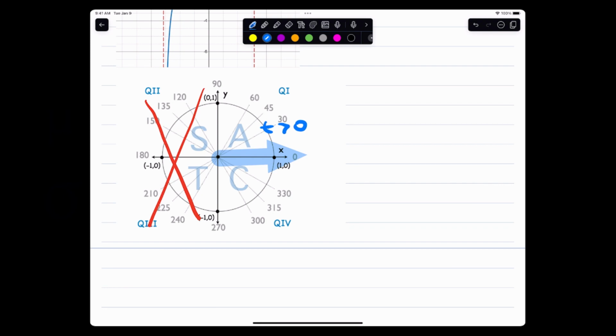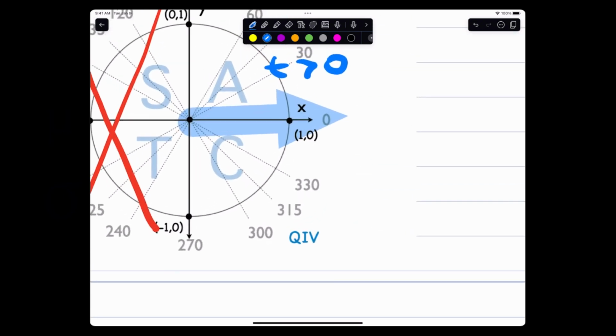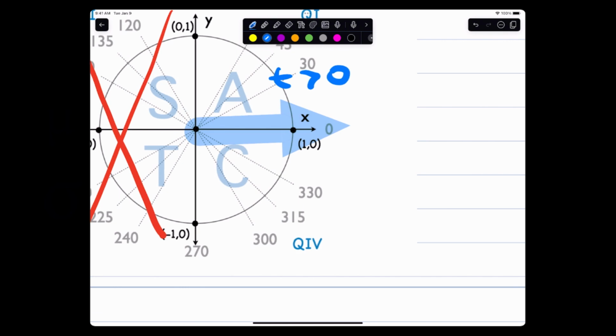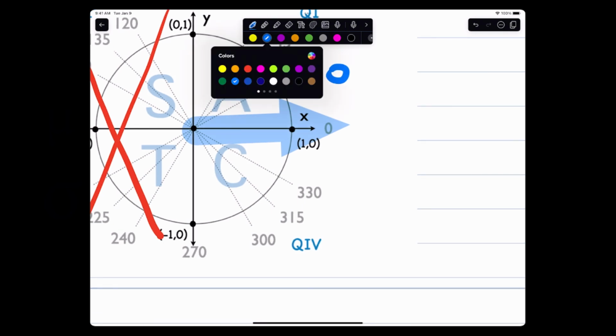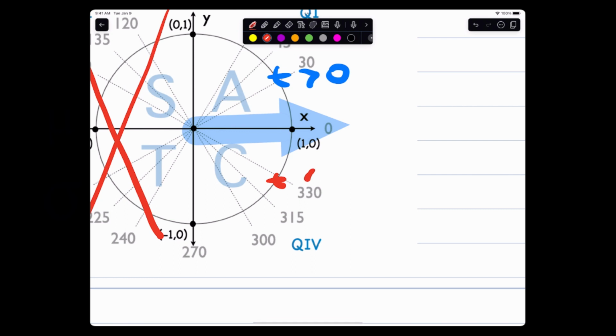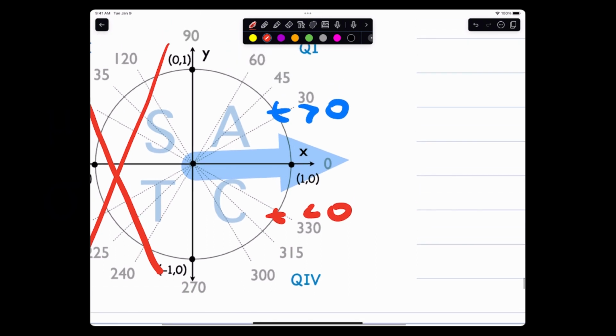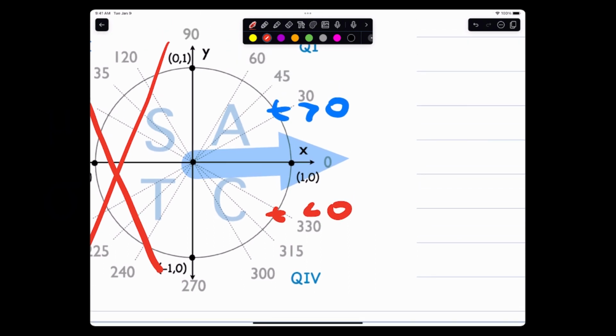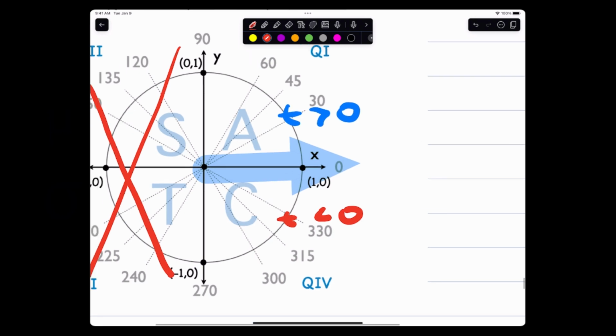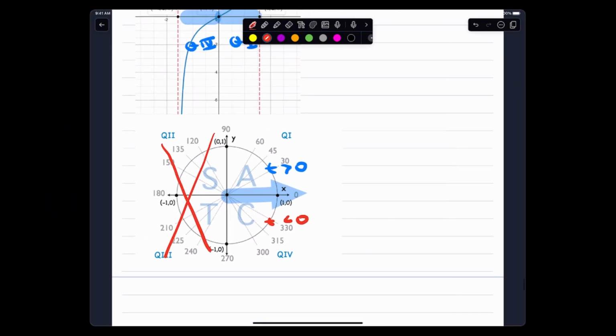Positive in quadrant 1. The C in quadrant 4 means cosine's positive, which implies your tangent will be what? Negative. So in quadrant 1, tangent's positive. In quadrant 4, tangent's what? Negative. You threw out quadrants 2 and 3, by the way.